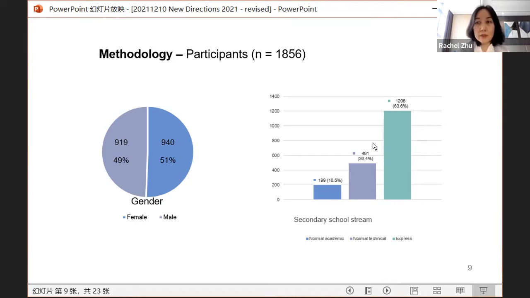And in the secondary school stream choice, based on this batch of participants, 63.6%, which means 1,206, are in the express stream after the PSLE test, and 491, which is 34.4%, in normal academic, and the rest, 199, which is 10.5%, entered normal technical. So these are the characteristics of our participants.